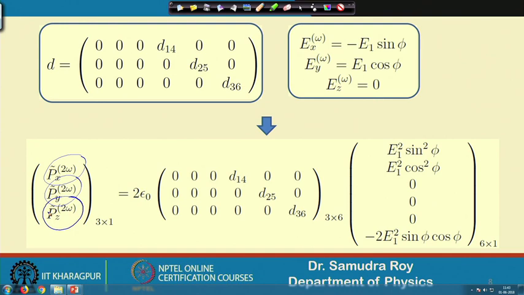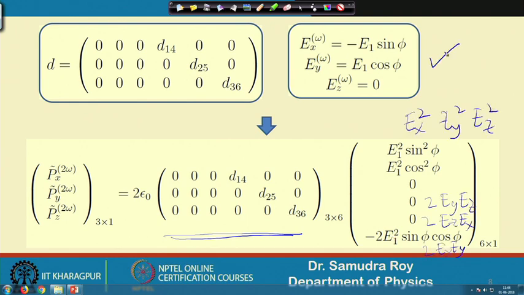Here we have the D matrix written, and the column matrix with the components of the E field, and this will be in terms of phi. Now E x is E 1 sin theta, so I will have E 1 sin square theta because this is E x square, then E y should be E 1 cos theta, so we should have E 1 cos square theta.